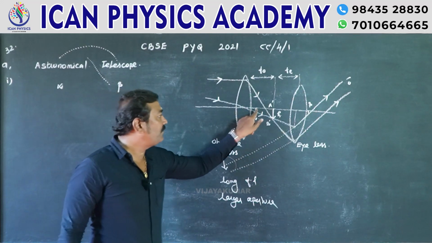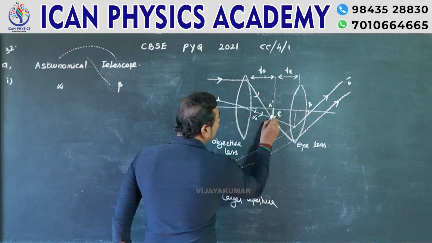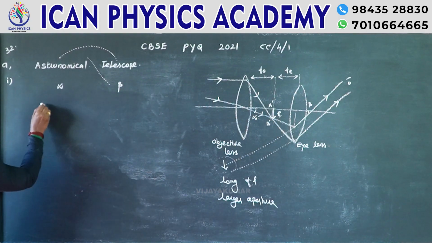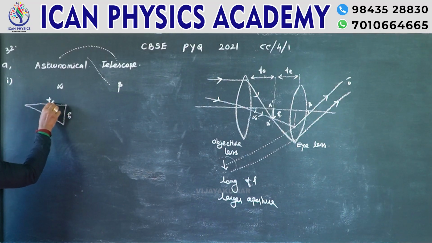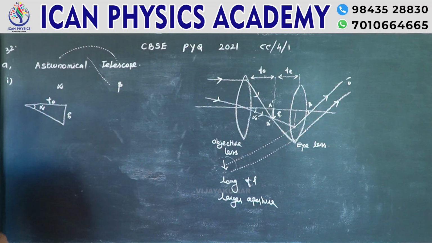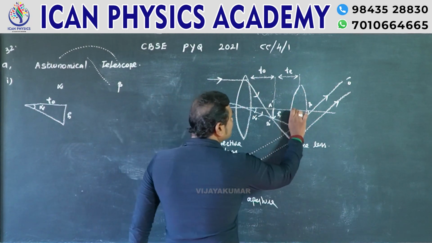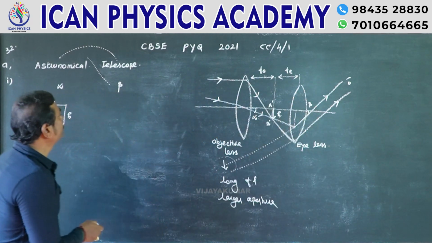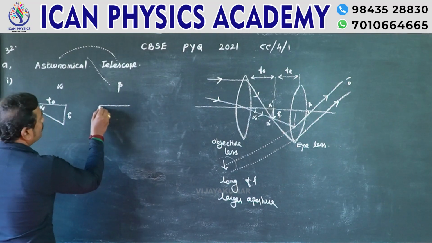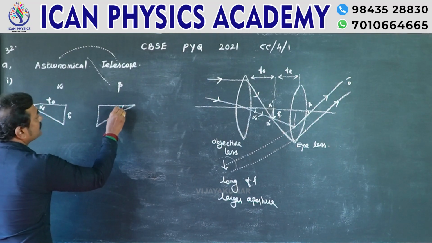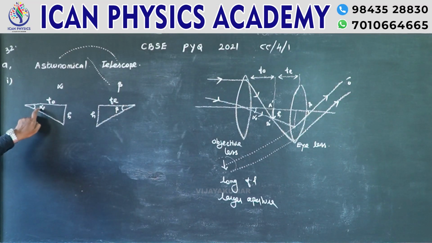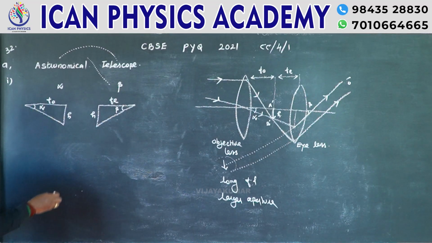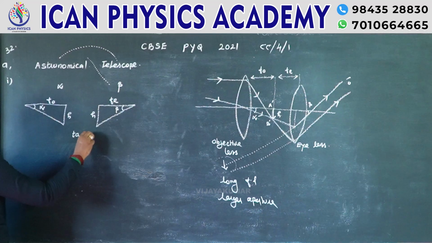For alpha, I want to cut the triangle like this. So it will be h, then f0, and here it makes an angle alpha. Here you can cut the triangle; this beta is h, fe. Now for alpha, we know the opposite side and the adjacent side, so I want to take the tan component.